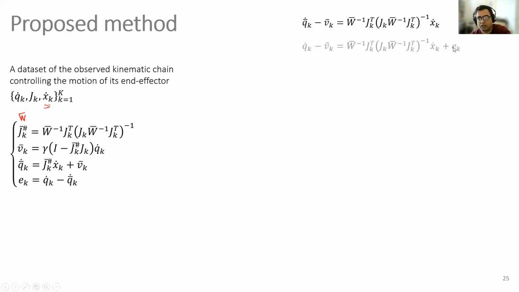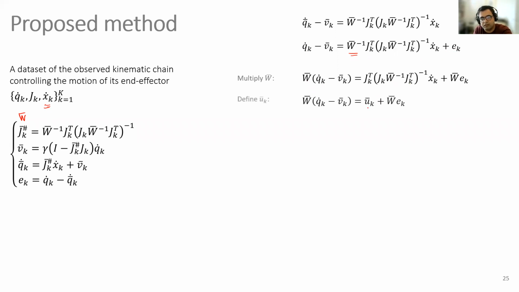Then I can replace the estimated velocities with the actual one, so I get the error on the other side. Then I multiply by this w that is here. I like this w on this side because this part is linear with respect to w, and the annoying part that is nonlinear with respect to w, I keep on the other side. And then this is a term that we can just define as u_k.